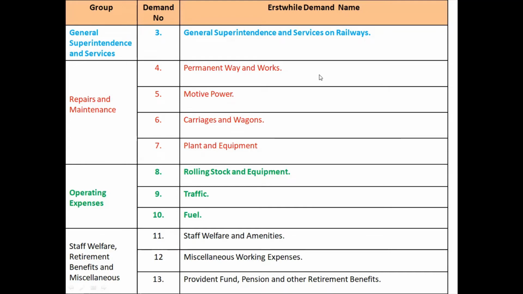Demand number 6 is correct, because demand number 6 is carriages and wagons. Please check here. Demand number 6, carriages and wagons. Very good. Salary of PWI working in a field unit. Salary of PWI.